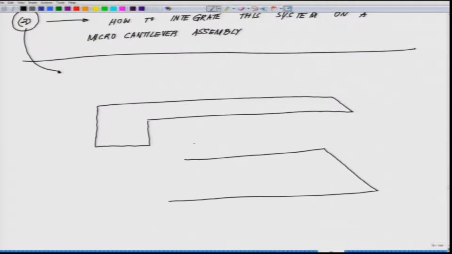I am just showing the surface cut of the top, and this is the thickness, what I was trying to tell you.